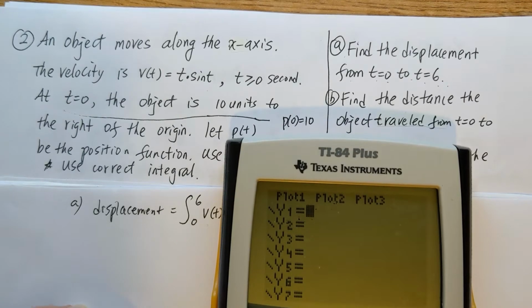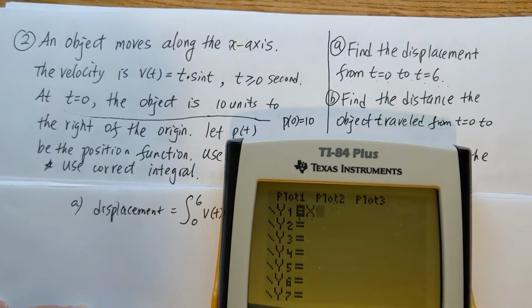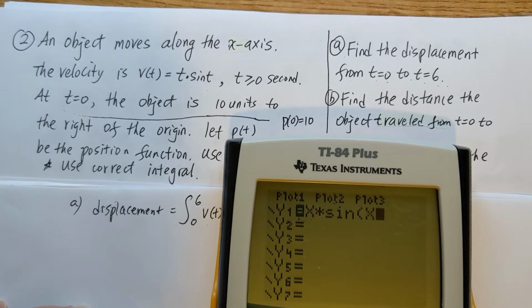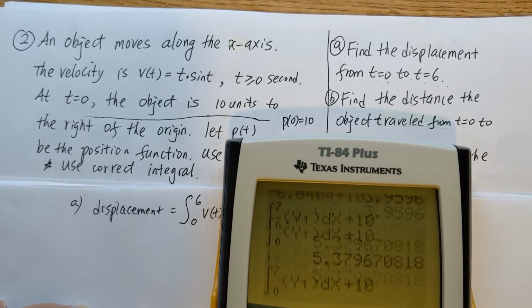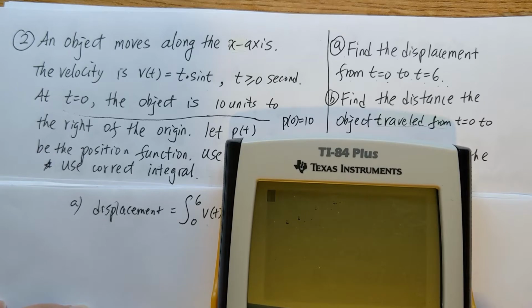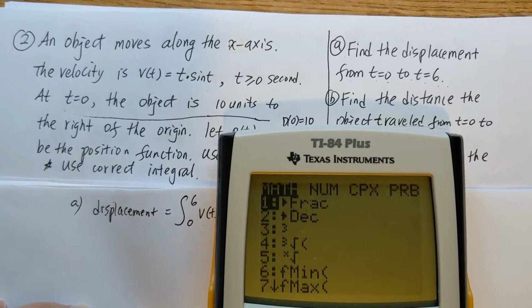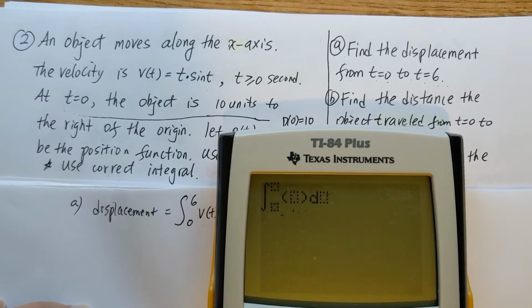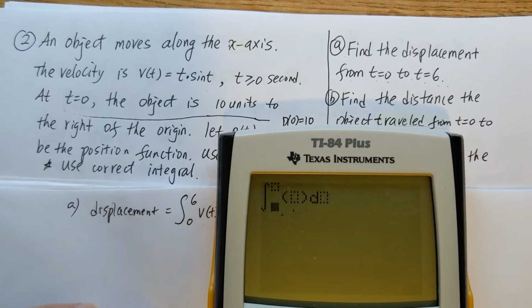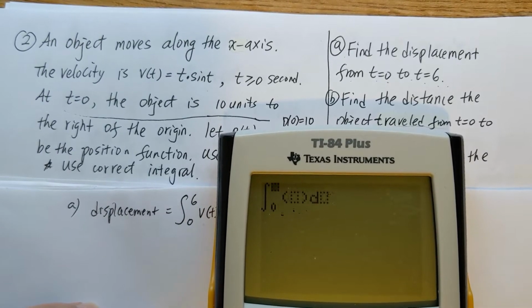So we have x times sine x. So now we're going to map 9. Okay, so we have to type in 0 to 6.